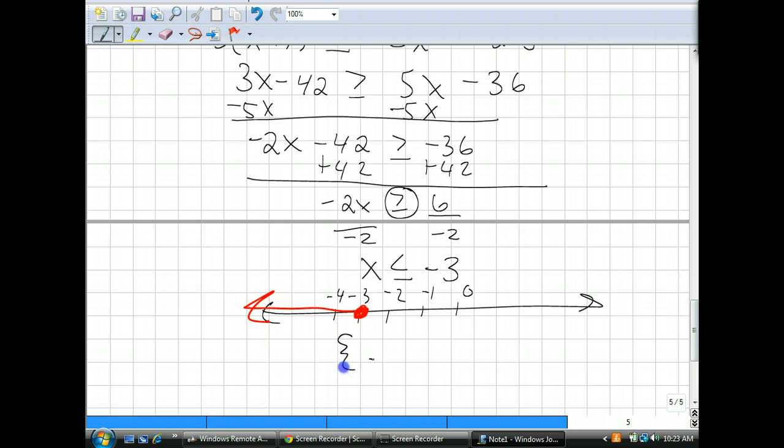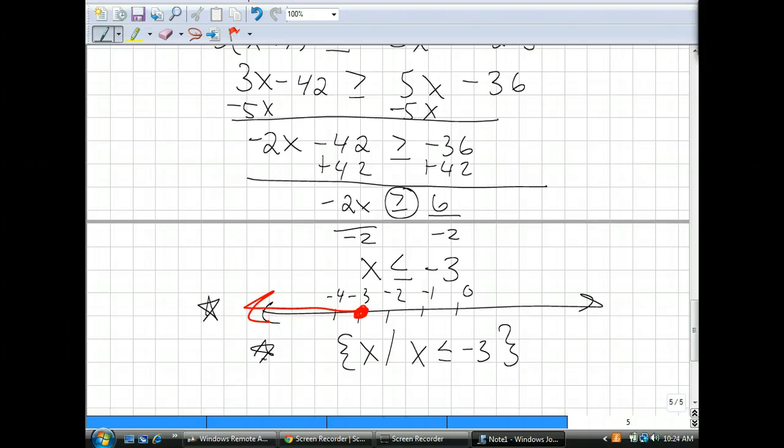And so our solution is all x such that x is less than or equal to negative 3. Okay, so remember, with inequalities, your solution requires a number line and the solution set. But the process is exactly the same.